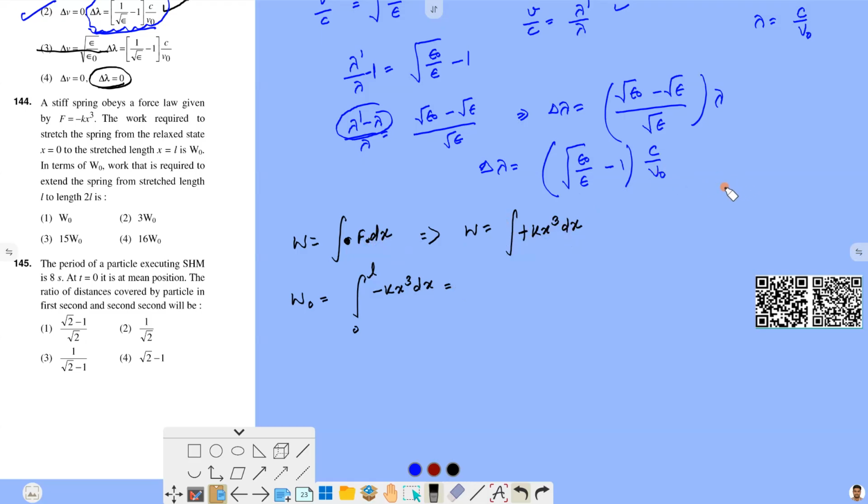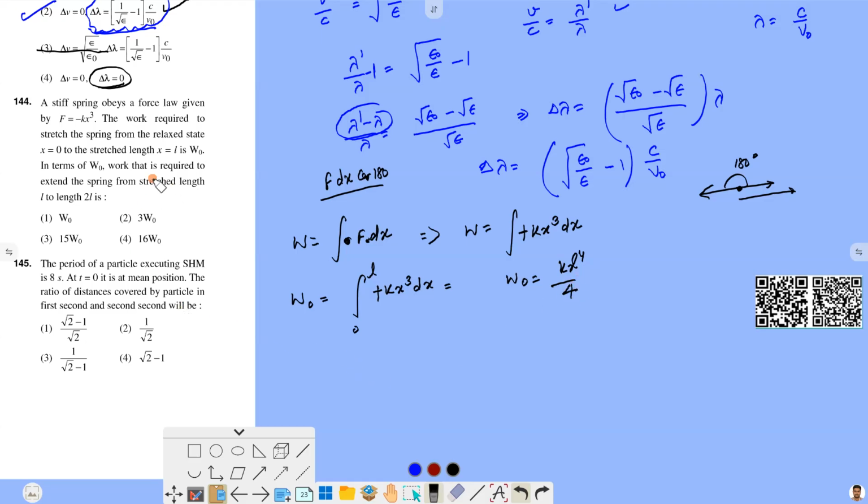Normally when we stretch, the force and the displacement are in opposite directions, because the restoring force is towards the center and displacement is happening in the opposite direction. So there we have a 180-degree angle, and f dot dx will be equal to f dx cos 180. So that's why we will get a positive sign, and from that we can calculate that W node will be equal to k L raised to power 4 by 4.